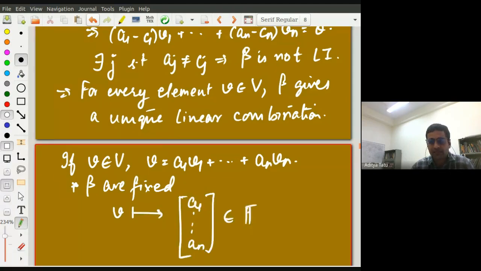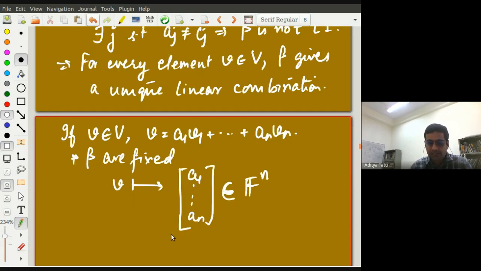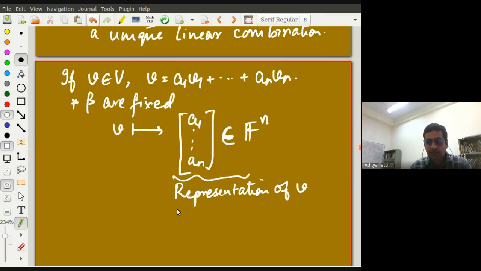These scalars will form a column vector, which will of course belong to F^n. This is what is called the representation of v, the vector, in the basis beta. And at least for my course, I will denote this column vector by this notation. This is the vector v, which is being represented in the basis beta.